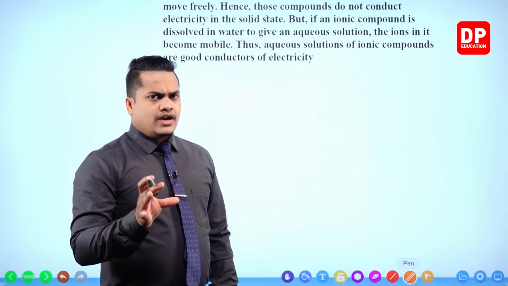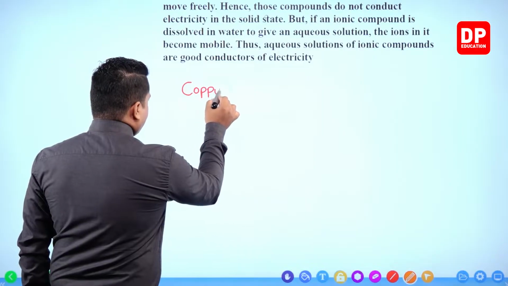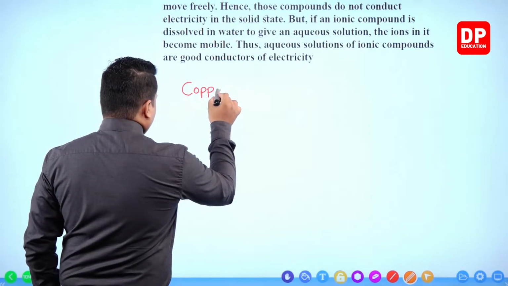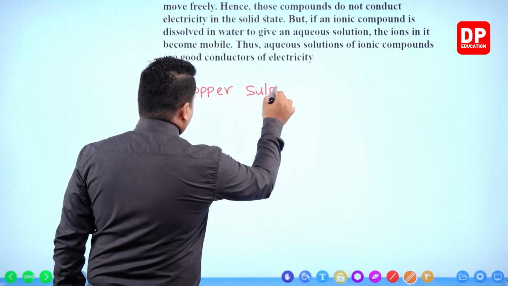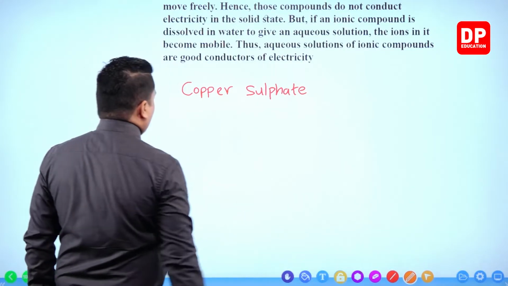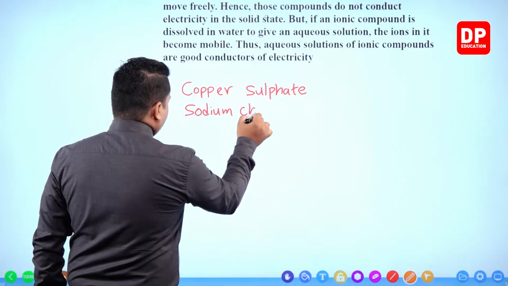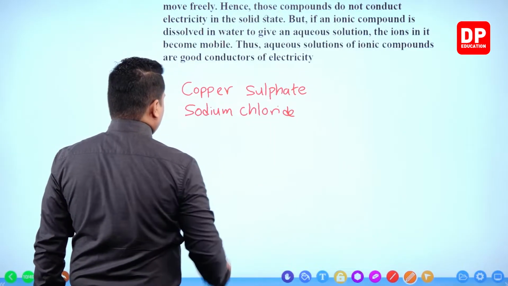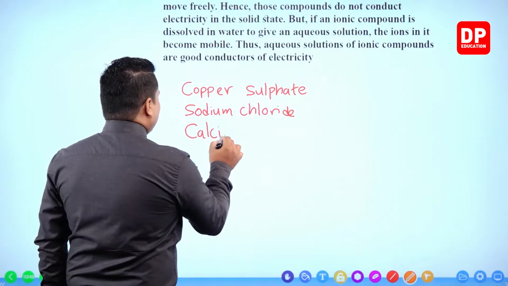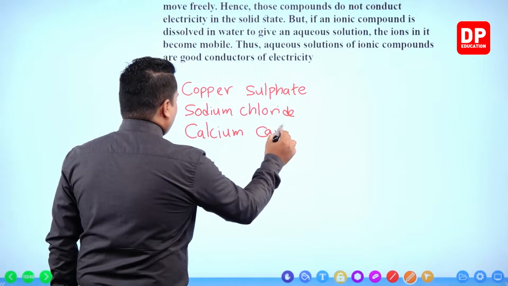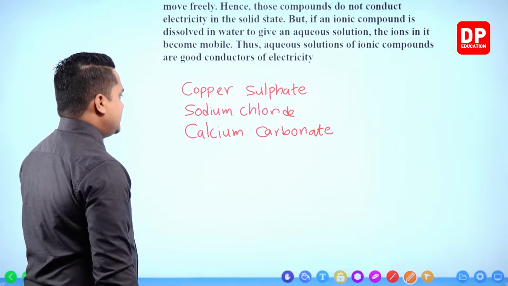Now let's see what ionic compounds are. Copper sulfate. Sodium chloride. Calcium carbonate.